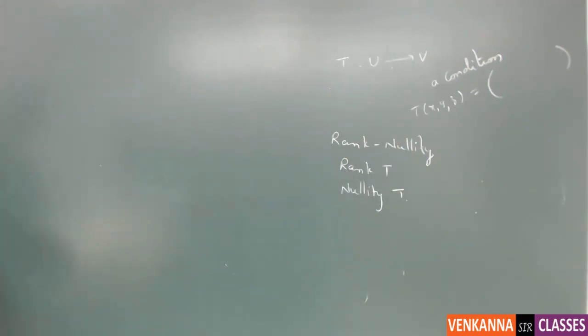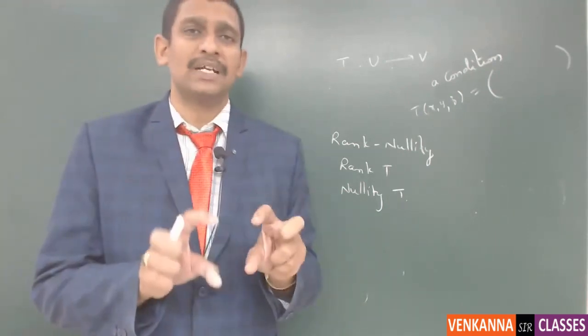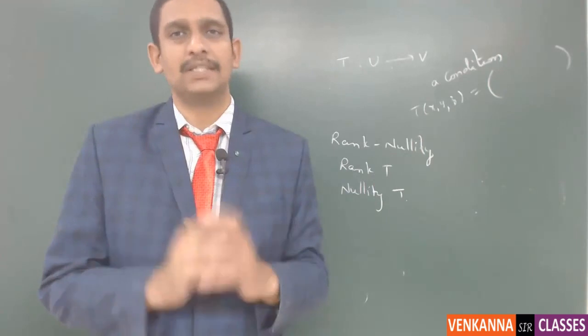Now the question is, apart from giving the condition for T, since you know every transformation you can represent it in the form of a matrix by means of a basis.